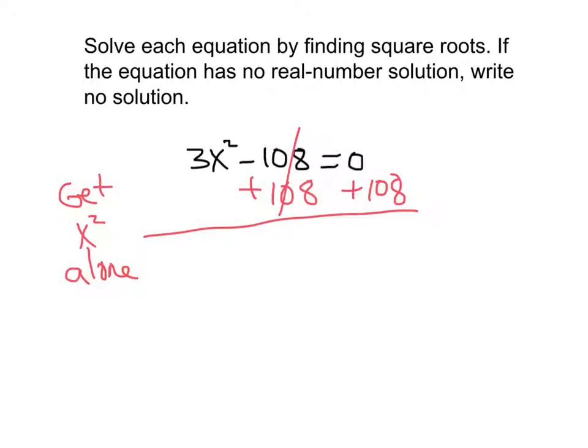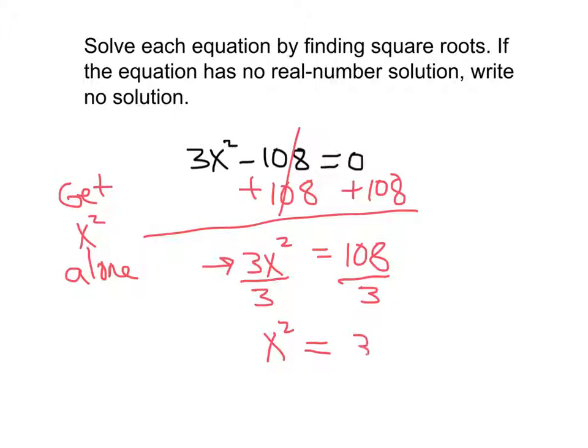That cancels, so we'll get 3x squared equals 108. The x squared is still not alone because it has this 3 right here. So to undo the 3, we're going to divide by 3, divide by 3. Now we'll get x squared equals 108 divided by 3, which equals 36.